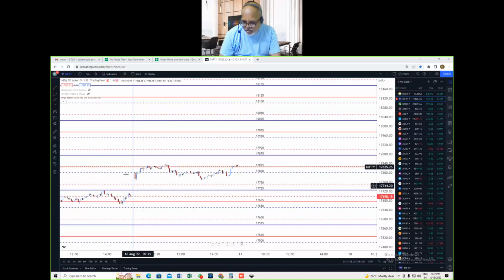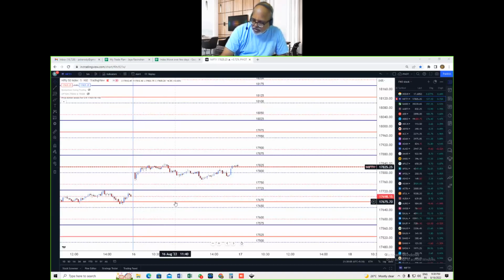Now let us understand how to take a trade. Since the market has opened in between these two red lines and this blue line, the reason we will take for initiating a trade is that if the market moves and does not touch this blue line and then starts falling, then we will initiate a sell trade at this red line. Similarly, instead of going up, if the market starts falling and breaches this blue line and then breaches this red line, then we will go for a short.